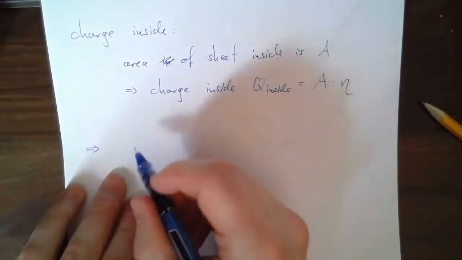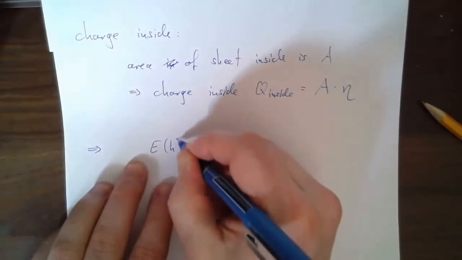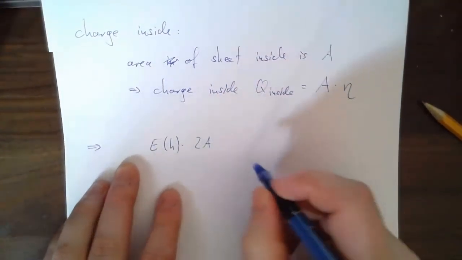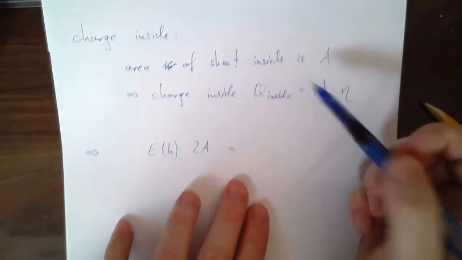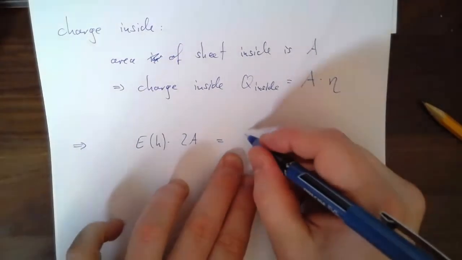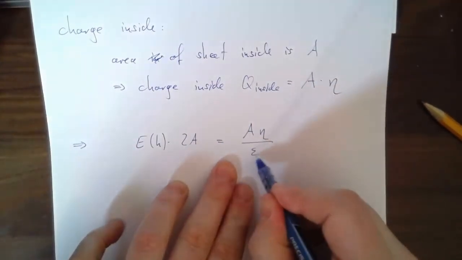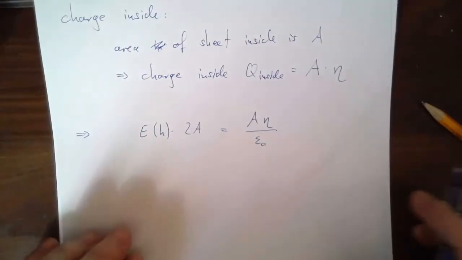Gauss's law then states, and this is step 5, E H times 2A, that's the left-hand side of Gauss's law. The total flux is equal to A eta, the charge inside, over epsilon naught. Don't forget the epsilon naught.